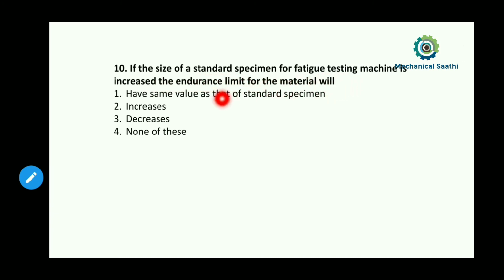Options are given like this: have the same value as that of the standard specimen, or it will increase, or it will decrease, or none of these. So what is it saying? That if the size of any standard specimen being tested in a fatigue testing machine is increased, then what will be its effect on the endurance limit?